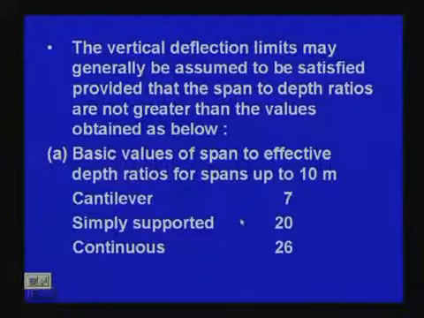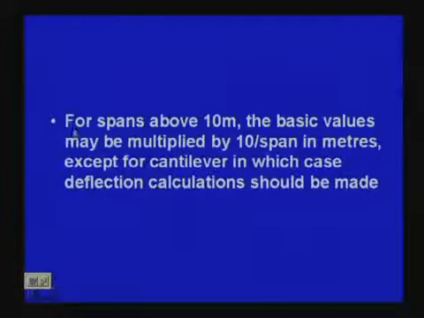But one more thing: for spans above 10 meter, the basic values may be multiplied by 10 by span, with span in meters, so it will be further reduced, except for cantilever, in which case deflection calculations should be made.